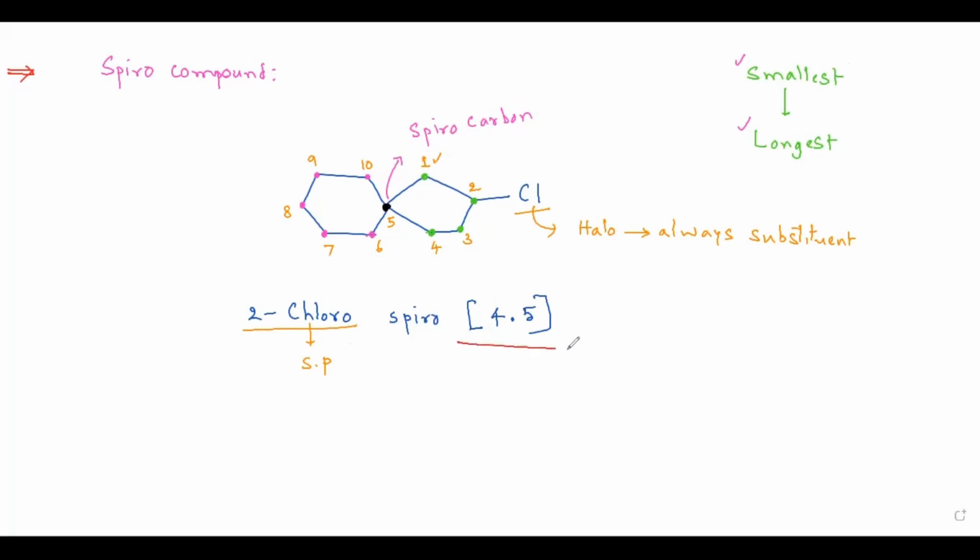Now here they are in ascending order, not the descending order. 4.5. Overall, you got 10 carbon atoms, so dec. Then ane. Dec is the root word. Ane is a primary suffix.